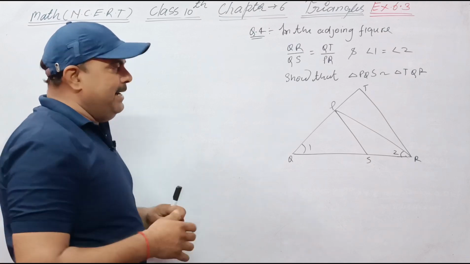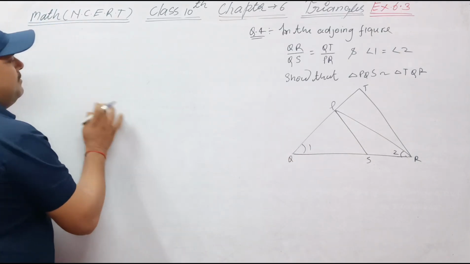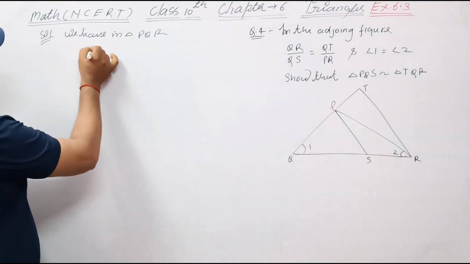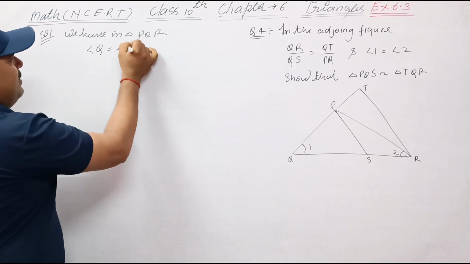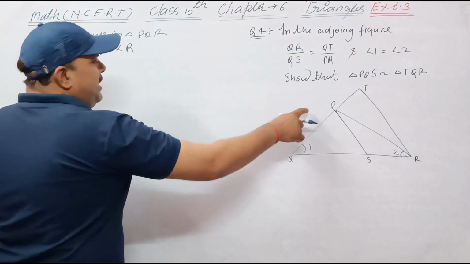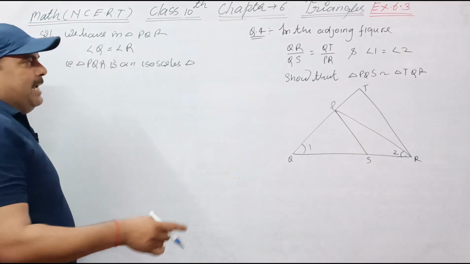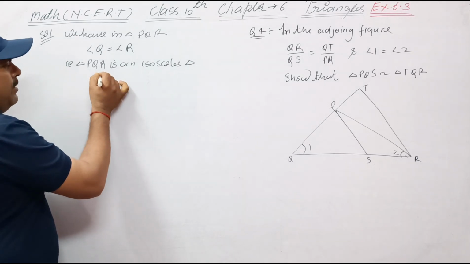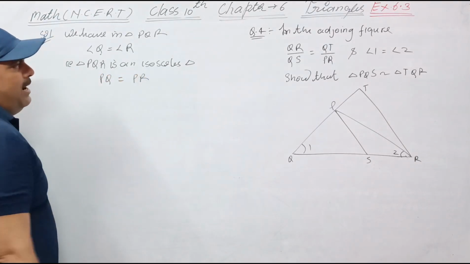Let's understand in written form. In triangle PQR, angle Q is equal to angle R. That is, triangle PQR is an isosceles triangle, means PQ is equal to PR.